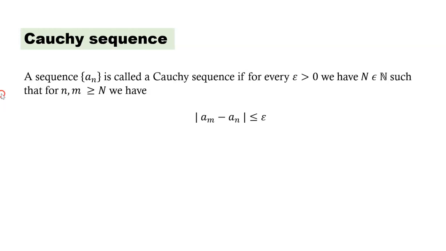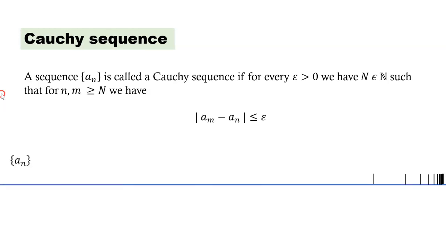Now suppose I have a sequence like this, a_n. Here the terms of this sequence are represented by black lines. Now what this definition says is, for every epsilon greater than 0 you can always find a number capital N which belongs to the natural numbers, such that all the terms which succeed this number capital N will be within an epsilon distance of each other.